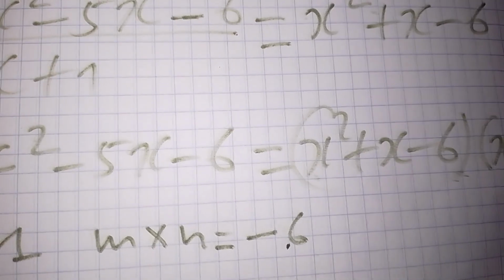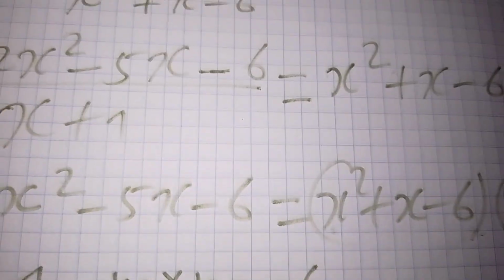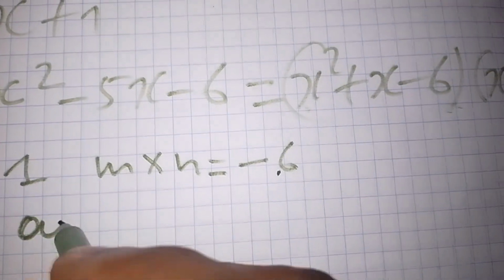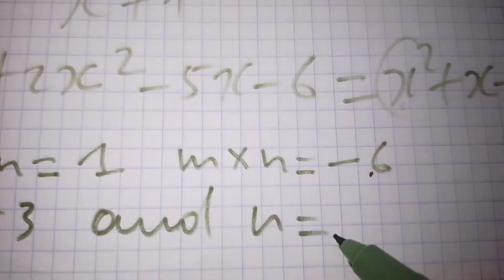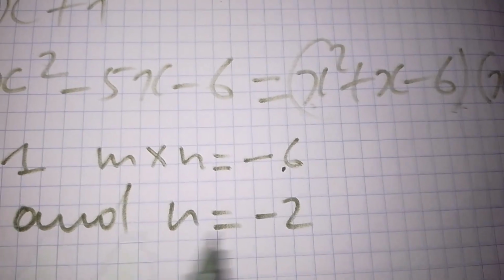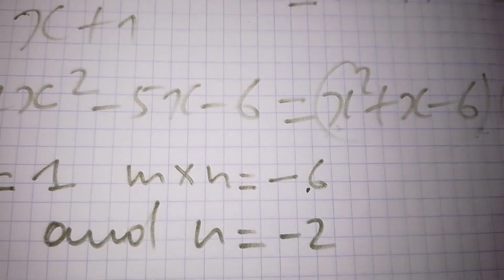Those two numbers are m equal to 3 and n equal to minus 2, because 3 minus 2 is equal to 1 and 3 times minus 2 is equal to minus 6.